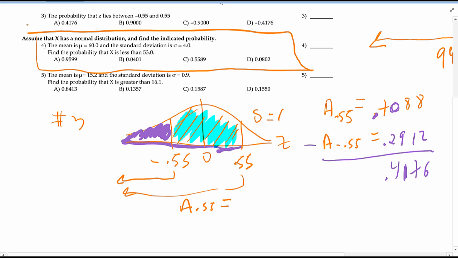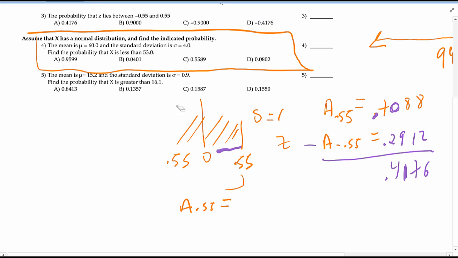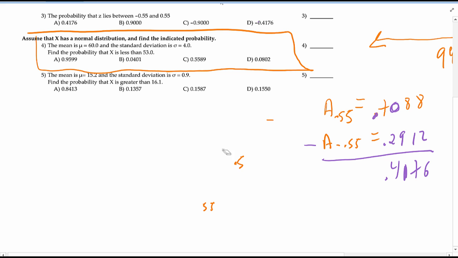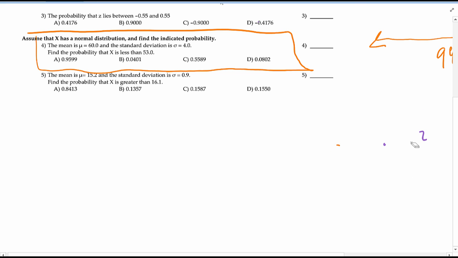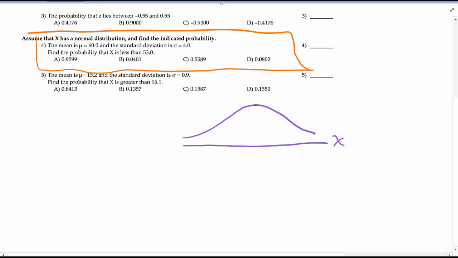In problem 4 it says to assume that S is normally distributed and find the indicated probability. So now we have a variable that is normally distributed with a population mean of 60 and a standard deviation of 4.